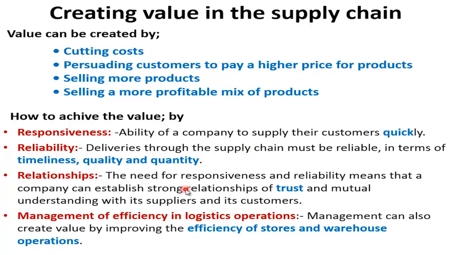Relationship. The need for responsiveness and reliability means that the company can establish a strong relationship. Relationship is trust, so you are building trust with the customers. How do we define a very good loyal customer?